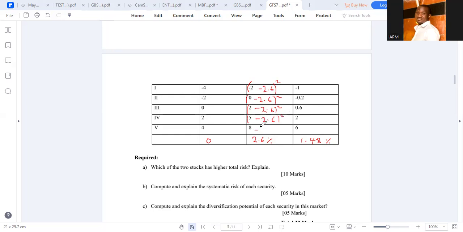Minus 2.6, square the answer. Do the same on each of these ones. So here, this is minus 1.48, sorry, 1.48.